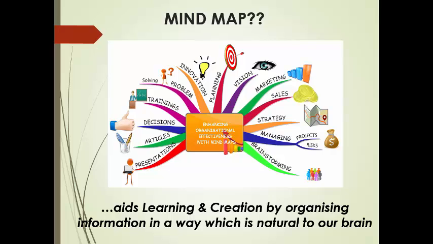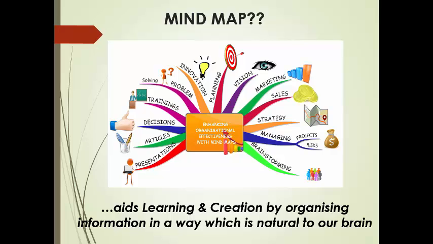Thus, we need a tool which can mirror this radiant functioning of the brain to organize our thoughts and information better. This is exactly the need being addressed by a mind map, allowing our brain to engage better with the subject on hand. A mind map with its radiant structure, multiple colors and images helps our brain operate the way it was originally designed.